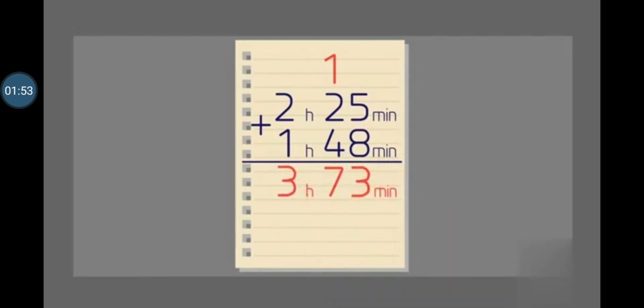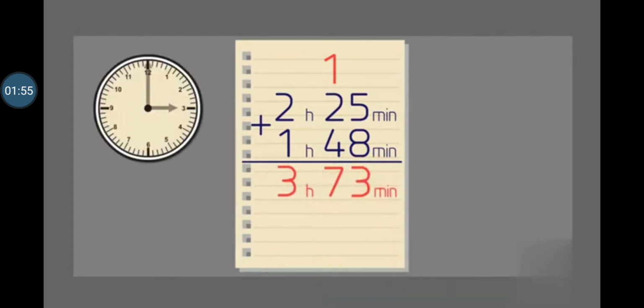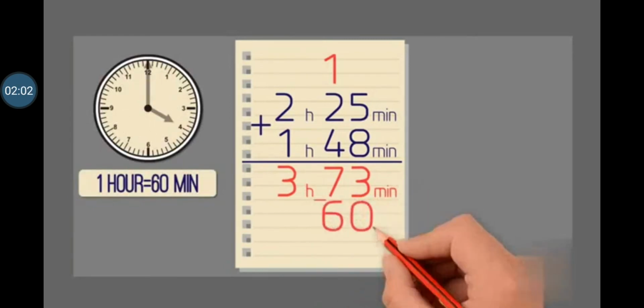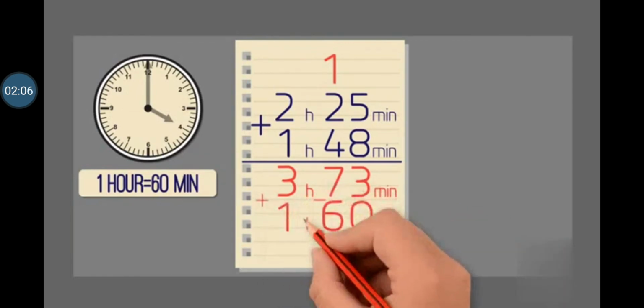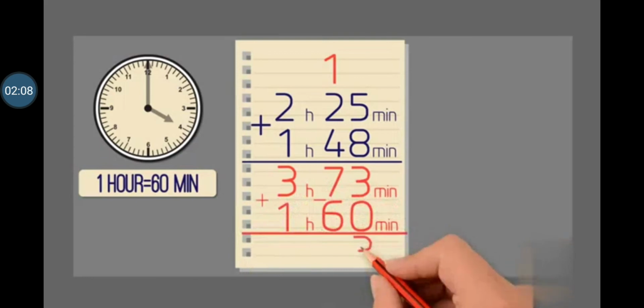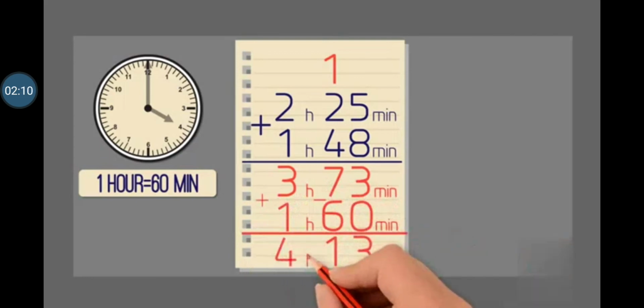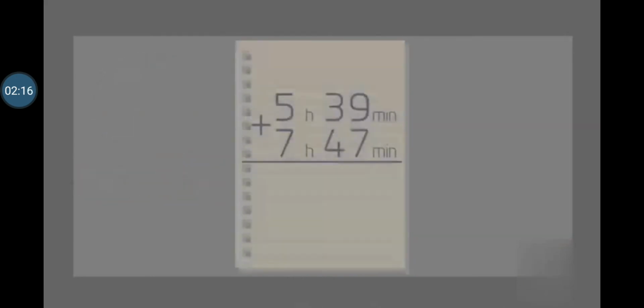My dear students, you can see that the minutes are more than 60, but we have only 60 minutes in 1 hour. So if we have the minutes more than 60, we have to minus 60 from the minutes and we have to add 1 in the hours. So after doing so, we are getting 4 hours 13 minutes as our final answer.